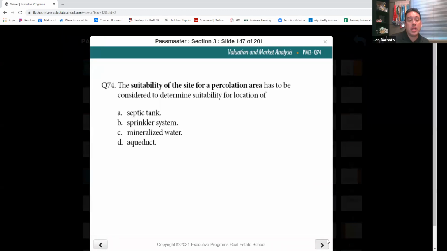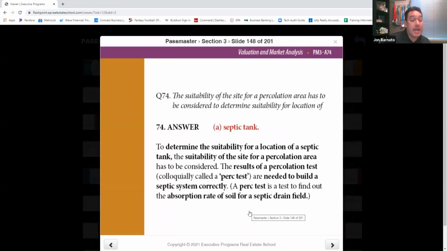When we talk percolation area, we're talking about septic tanks. You know how a septic tank works, everyone? Yeah, percolation test, it's a perk test. So your waste goes to a tank, and it comes in the top, and there's solution in there designed to make it filter down to the bottom.